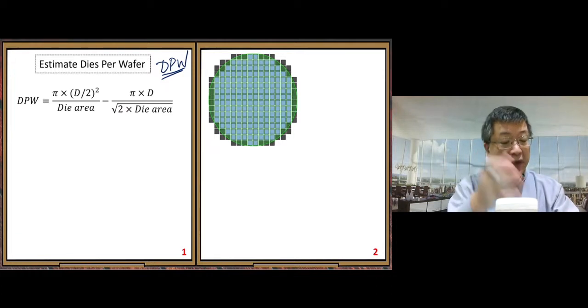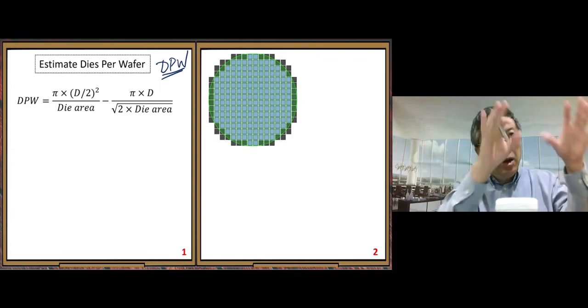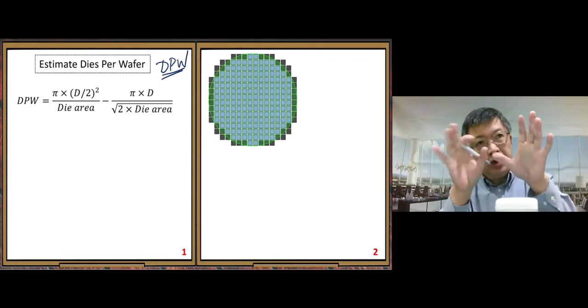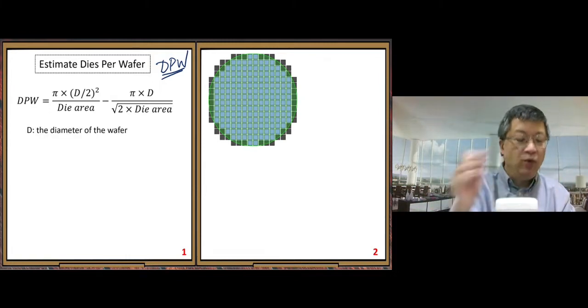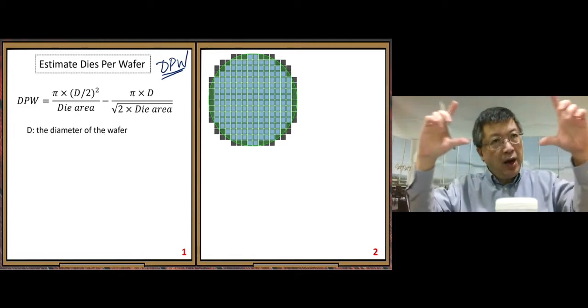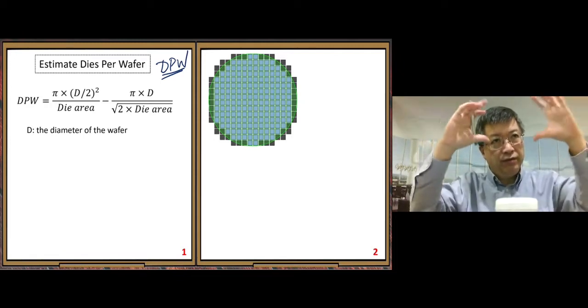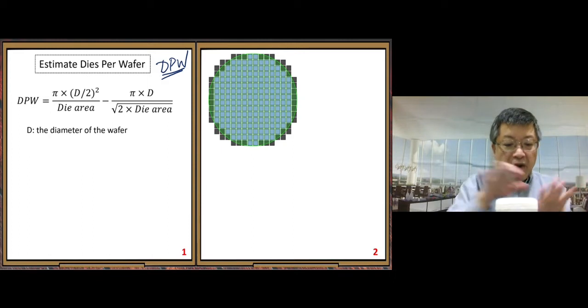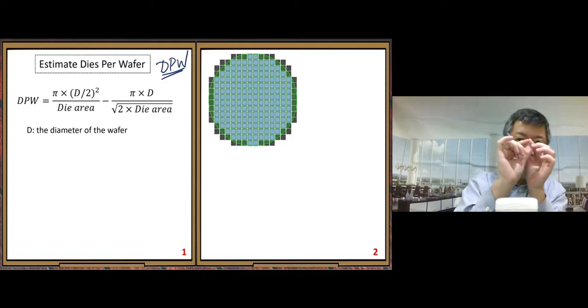Our main formula, dPW equals two terms. The first term, pi r squared, radius r equals d over 2. Here, d is the diameter of the wafer. Pi r squared, that's the area of the circle, the disk, the wafer, divided by the die area. Each small die has an area.